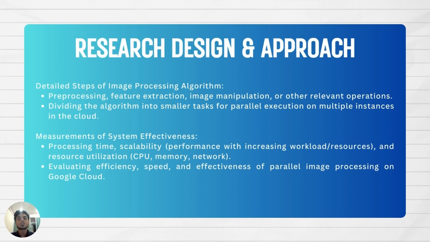The measurements of system effectiveness: processing time, scalability, which is the performance with increasing workload or resources, and resource utilization, which includes CPU, memory, and network. And last but not least, evaluating efficiency, speed, and effectiveness of parallel image processing on Google Cloud.